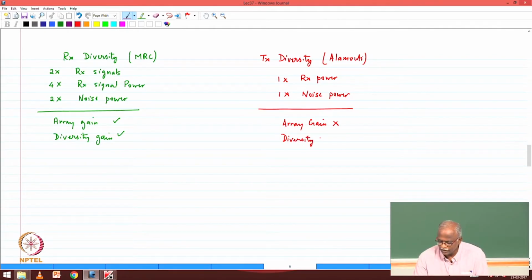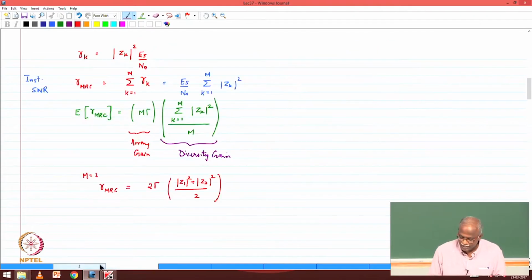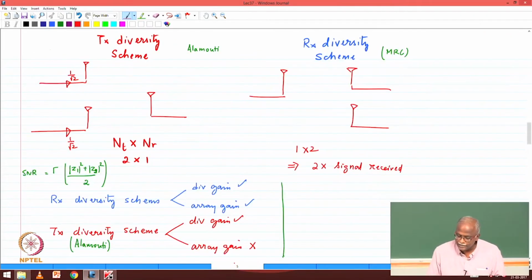So again, this is just repeating what we have said just now, but to visualize where the benefit is coming from: the advantage of the two antennas is that I am actually intercepting twice the amount of received signal power, whereas if I have only one antenna, then I get the power benefit of one antenna.